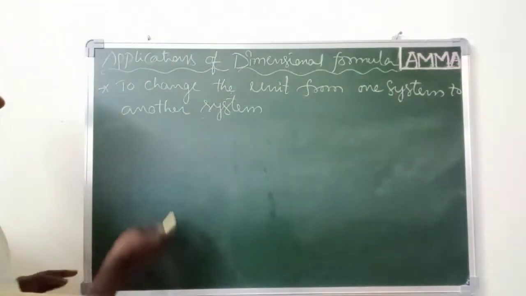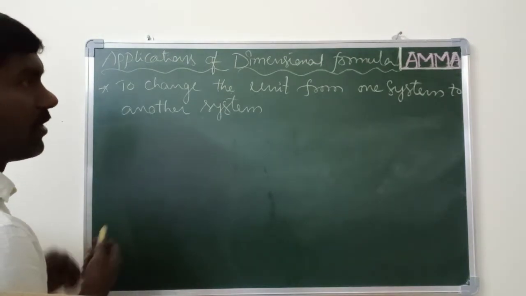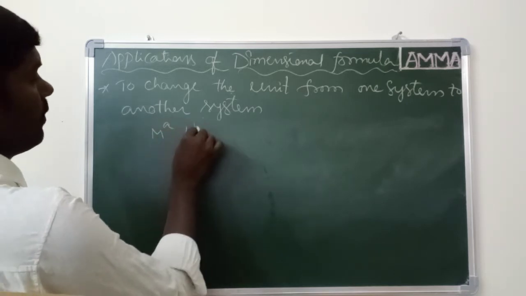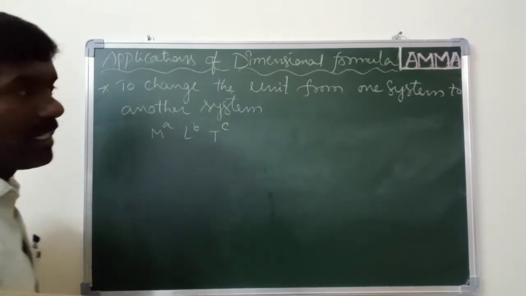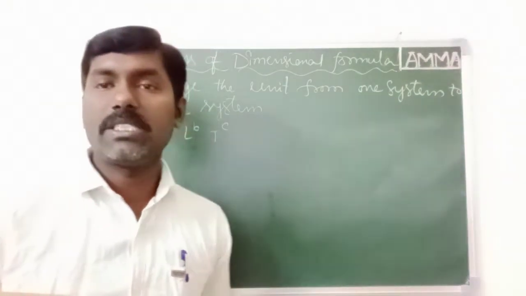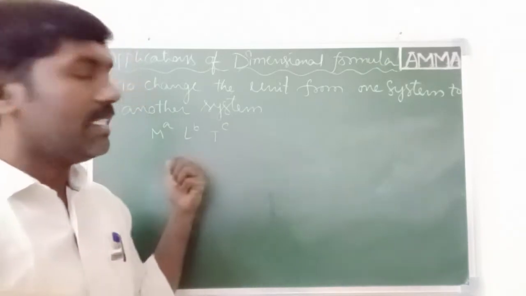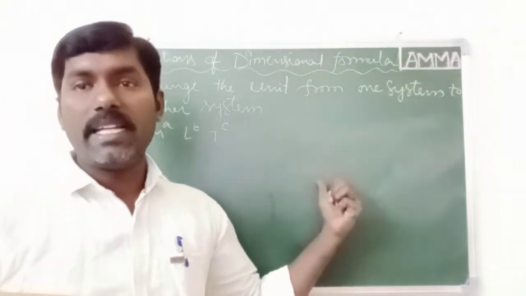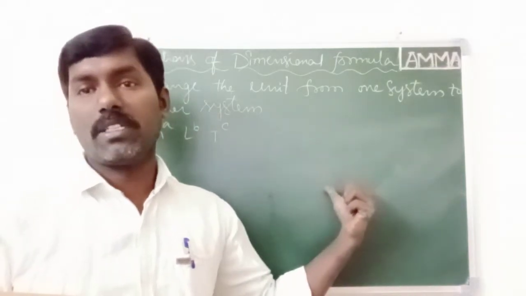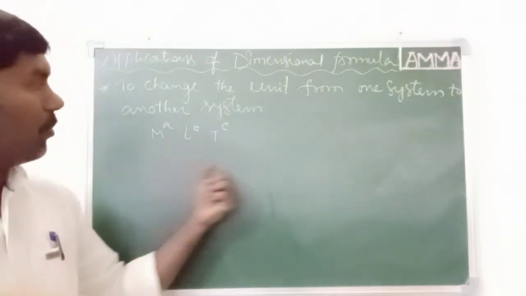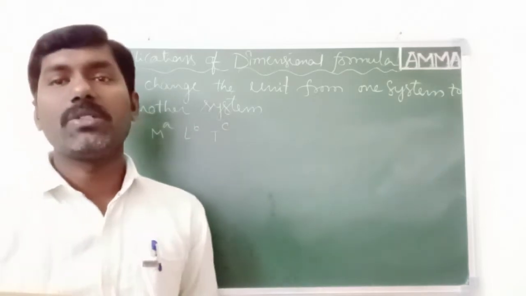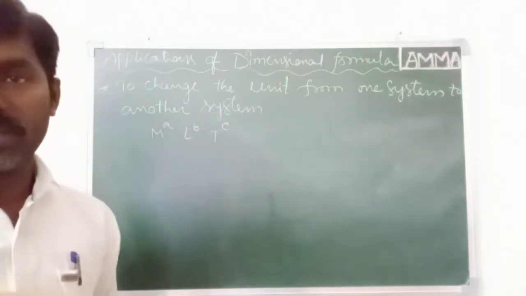For suppose the dimensional formula of the physical quantity is M^a L^b T^c. Generally we can express the dimensional formula of any physical quantity in terms of M, L, T, K, I, mole and candela (CD), which are the fundamental physical quantities. Most physical quantities' dimensional formulas can be expressed by M, L, T only, okay? So let us try to know the complete information by using M, L, T only.